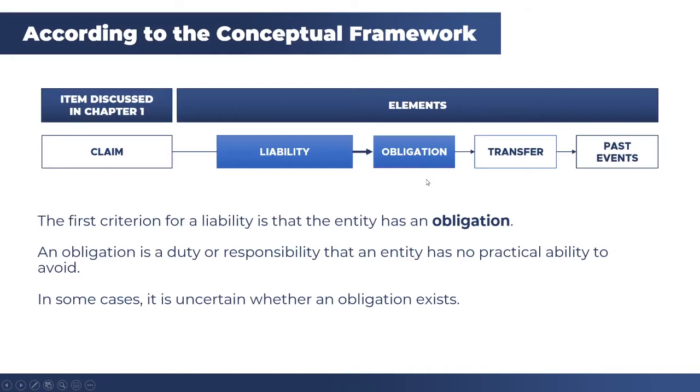The first criterion for a liability is that the entity has an obligation. An obligation is a duty or responsibility that an entity has no practical ability to avoid. So an obligation or a liability is always owed to another party or parties.